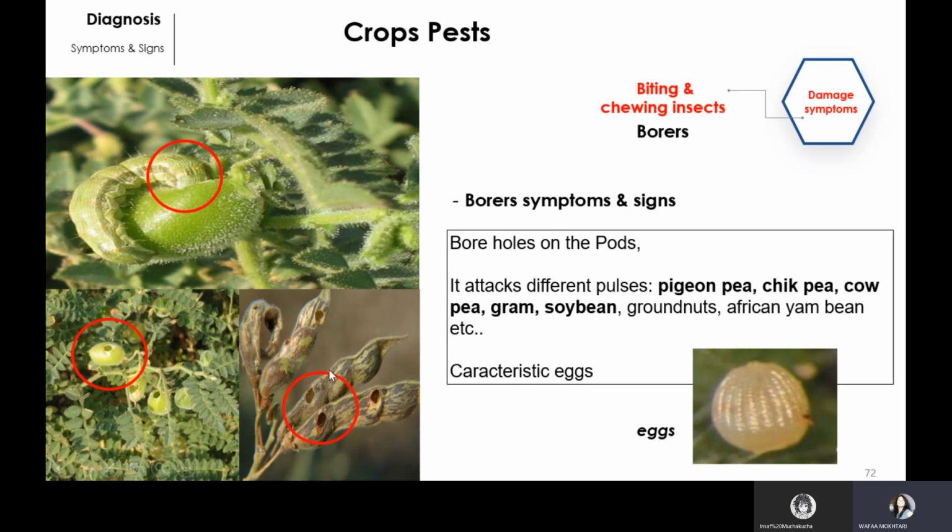It attacks different pulses, and I think those pulses are also grown in sub-Saharan Africa, much often also in Nigeria: pigeon pea, chickpea, cowpea, green gram, soybean, groundnuts, and African yam bean. The borer has a characteristic egg structure, and if you have good cutting skills, you may know how the egg of borer looks.